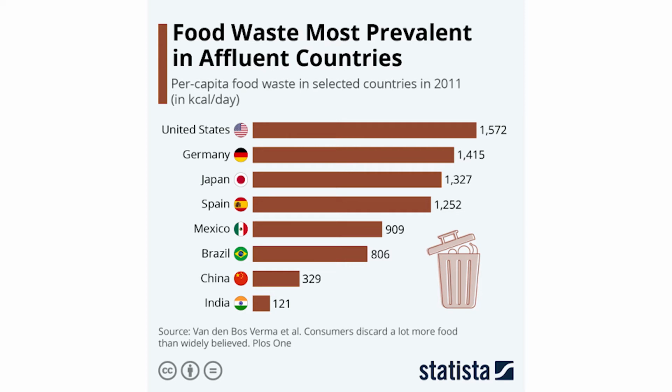And then, not shockingly, America leads the world in per capita food waste. And one of the things that I think is really important to remember is that food waste is most prevalent in affluent countries like America, countries in Europe, et cetera. So you can speculate about what that means or why that is the case, but think about your own consumption patterns.